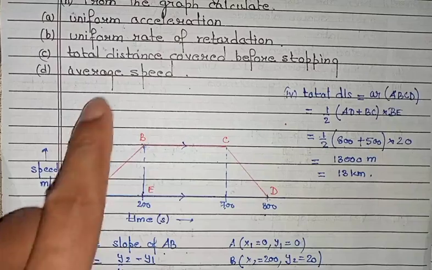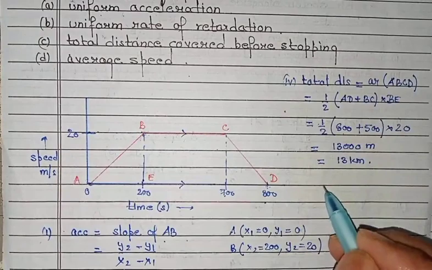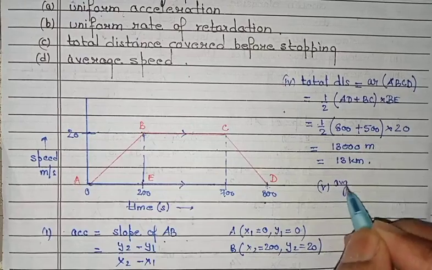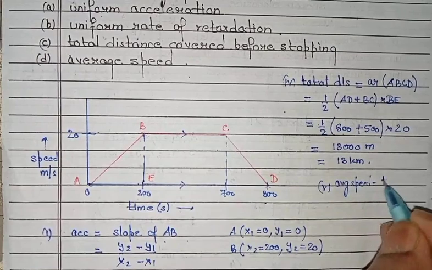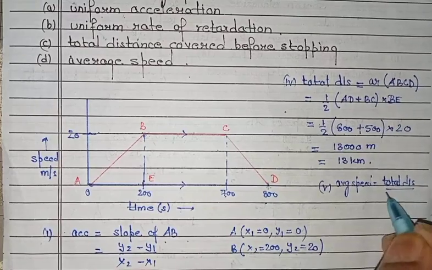Okay, the last thing we have to find is the average speed. Now for average speed, we have total distance upon total time.